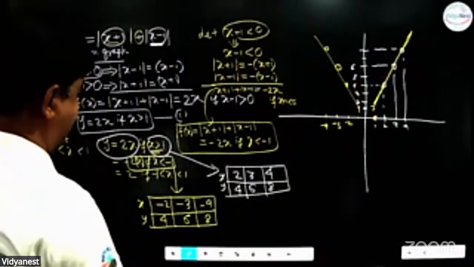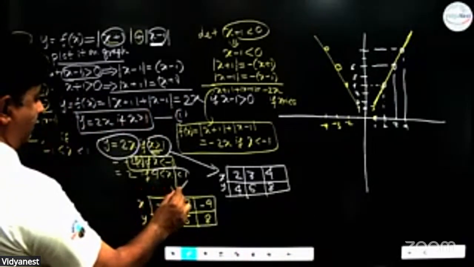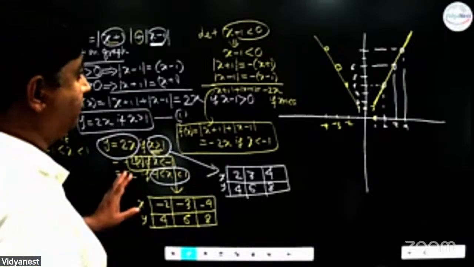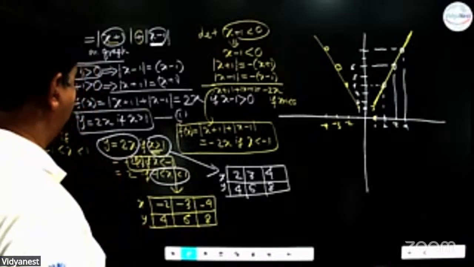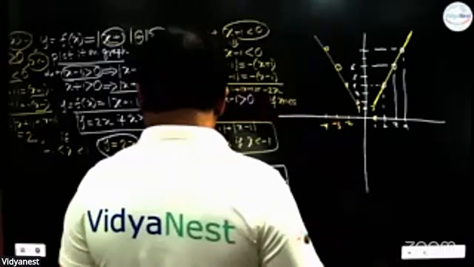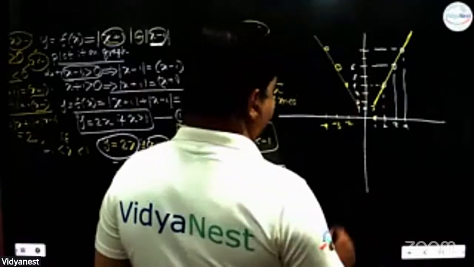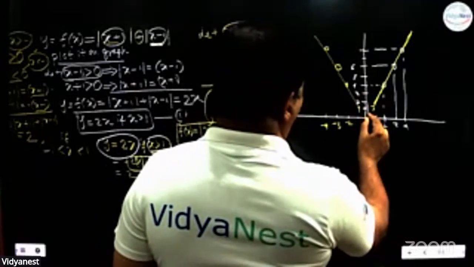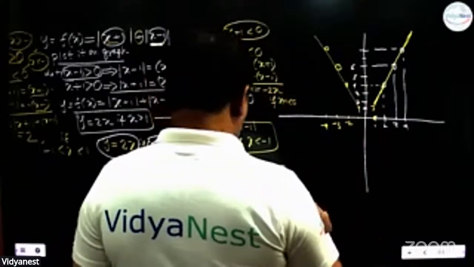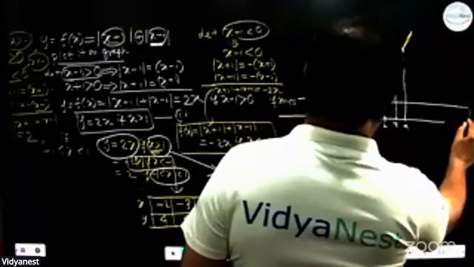Now only one case is left. What is that one case? If x lies between minus 1 to plus 1, then 2. Okay, y is equal to 2. You do one thing. y is equal to 2 means the line will be like this.